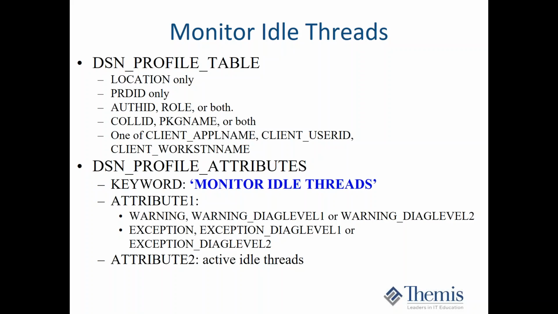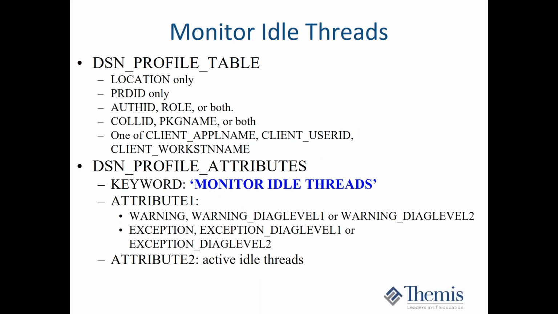Okay? Now, you could do it in either direction. You may have your ZPARM set very small, and you have a small group of client applications that you need to stay idle longer because they're complaining.